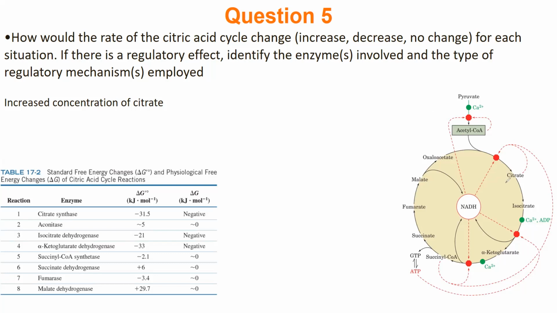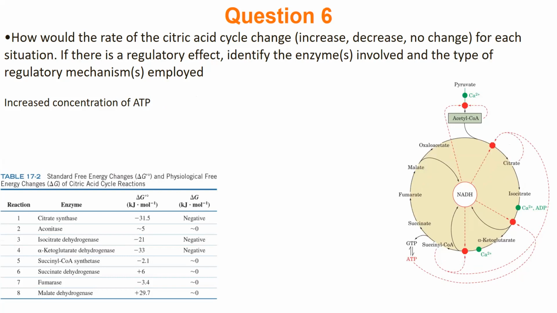What citrate will do is that it will go and inhibit citrate synthase, and citrate synthase is one of the enzymes responsible for controlling flux. So the more citrate you have, the slower the citric acid cycle will go, because it will regulate itself. So increasing concentrations of citrate, lower flux of the citric acid cycle.